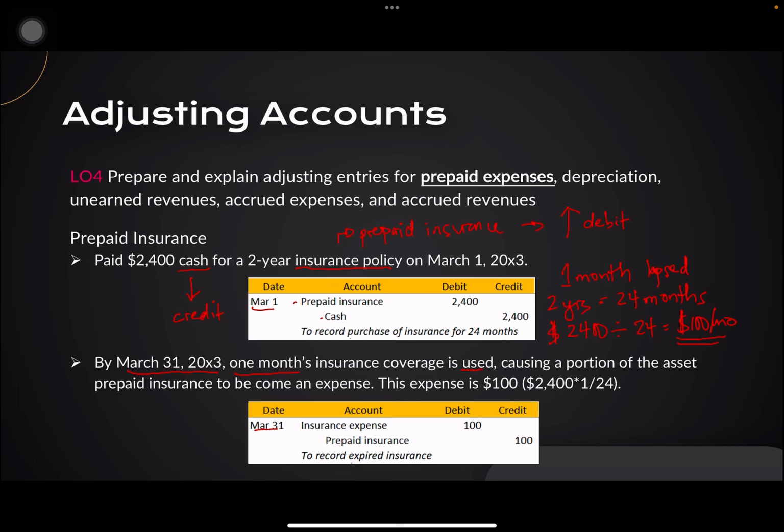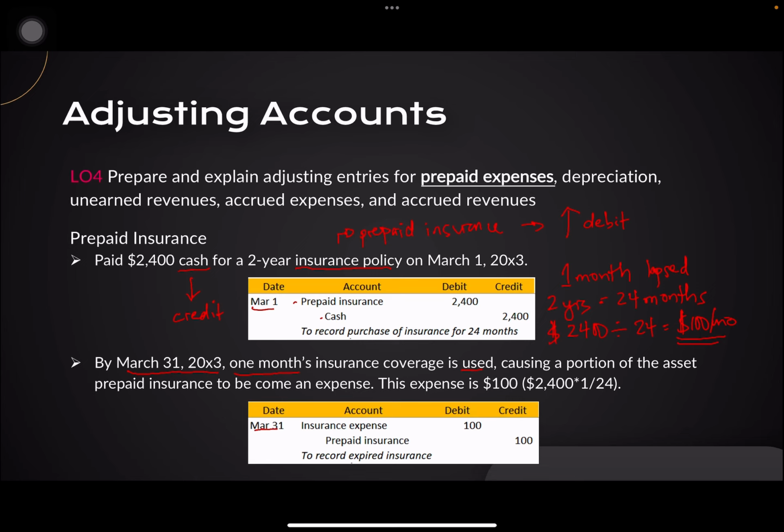So you would be debiting insurance expense with the amount of $100. This insurance expense has the effect of decreasing your asset account. That's why you credited prepaid insurance by $100. And the story of this transaction is to record the expired insurance.